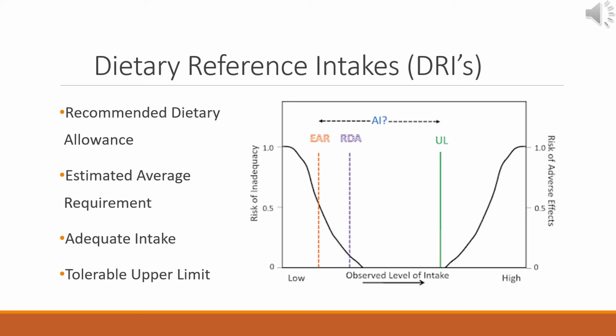If a nutrient has an RDA, it's also going to have an EAR, but if there's not enough information available about a nutrient, then it's going to have an adequate intake. And then the tolerable upper level is going to be the amount that if you exceed intake of that nutrient, then you are at risk for a toxicity or an excess intake and the associated problems from that nutrient.